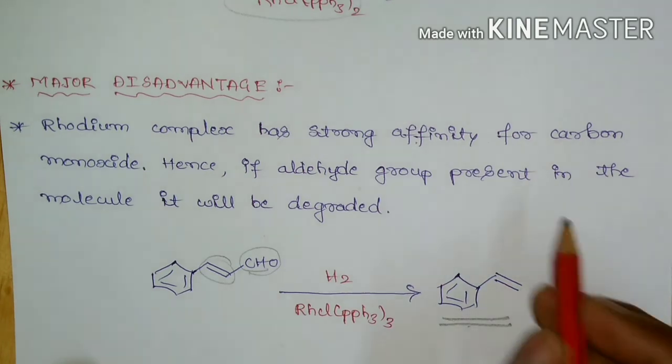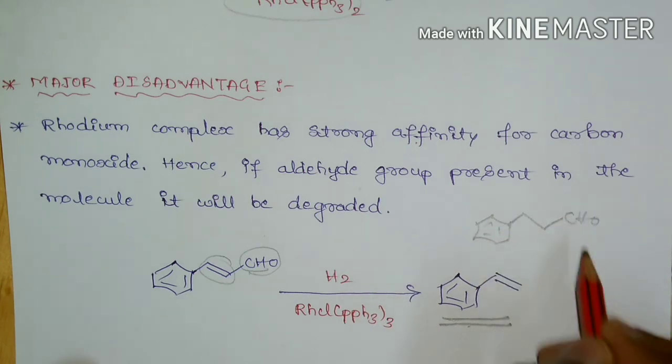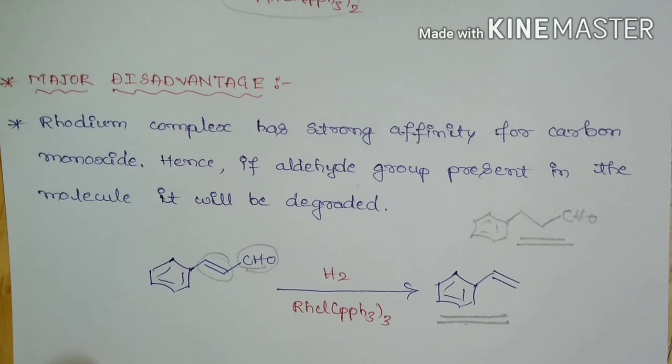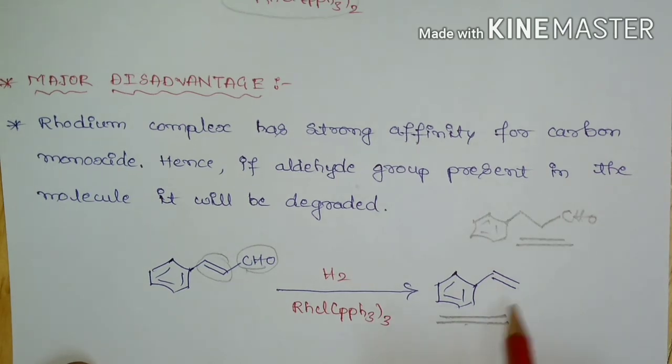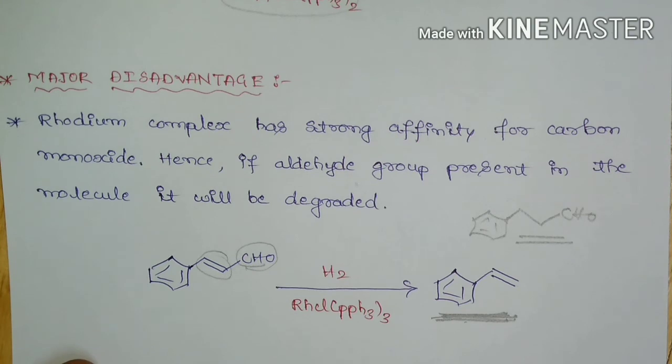What is the expected product? We expected this product, but due to the affinity of the rhodium complex for carbon monoxide, it degrades and leads to the formation of this unexpected product.